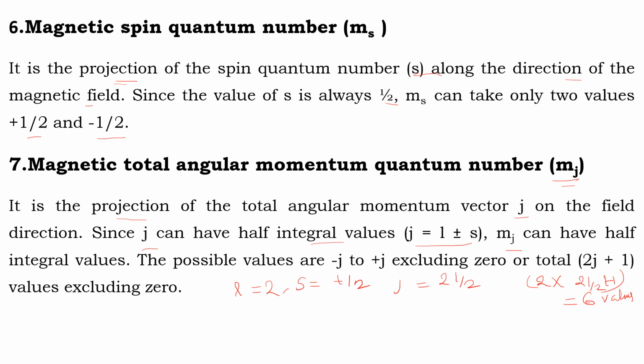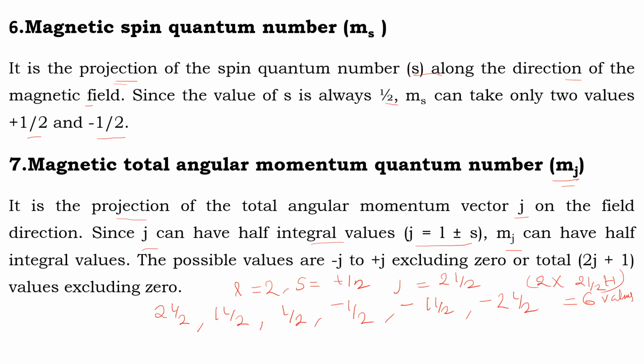And the values are 2 and a half, 2 and a half minus 1, that is 1 and a half, then 1 and a half minus 1, that is half, then half minus 1, that is minus half, then minus 1 and a half and minus 2 and a half. That is, a total of 6 values are possible excluding 0.